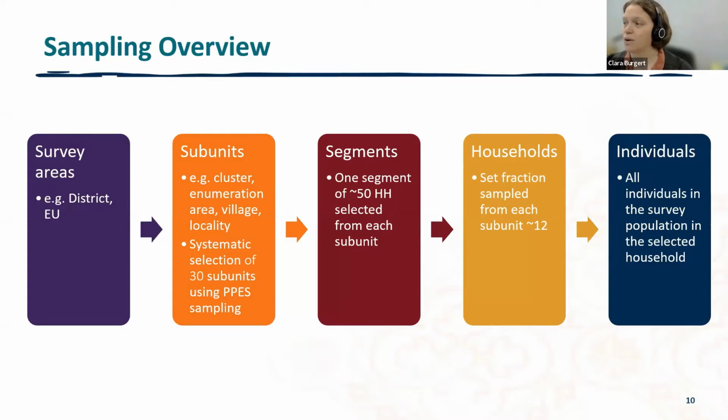And one of those will be randomly selected to be the target subsection or segment. And within that, a fraction of households will be visited. And approximately 12 households are the typical target within a segment. And then finally, all individuals in those households will be asked to participate in the survey and answer the coverage questions, as well as any other questions that are included.